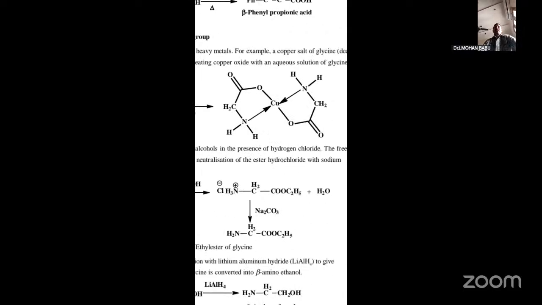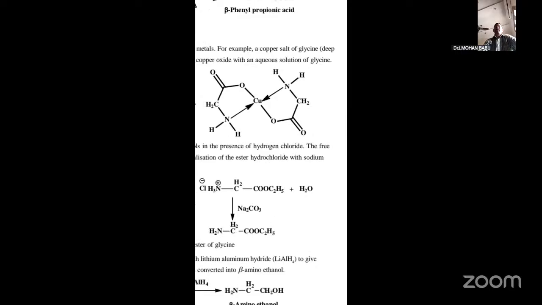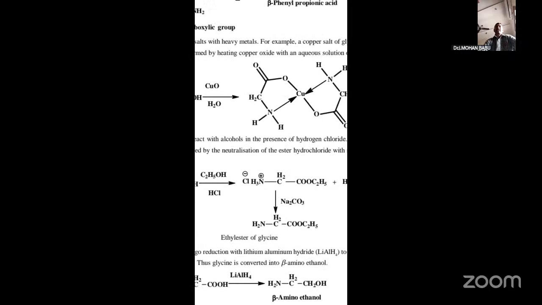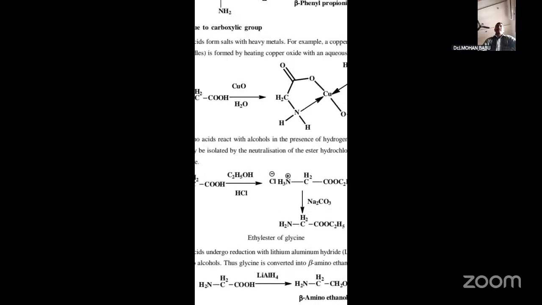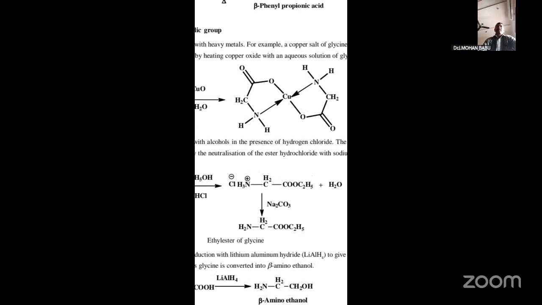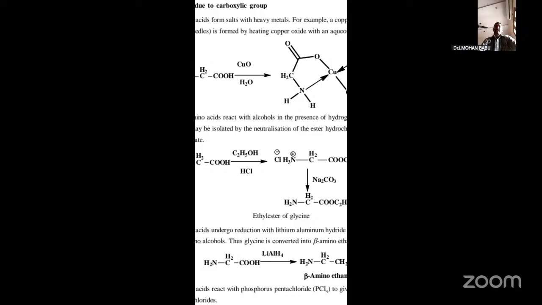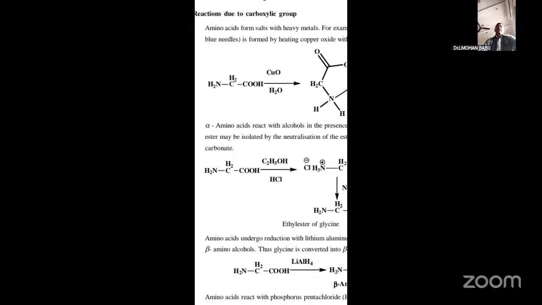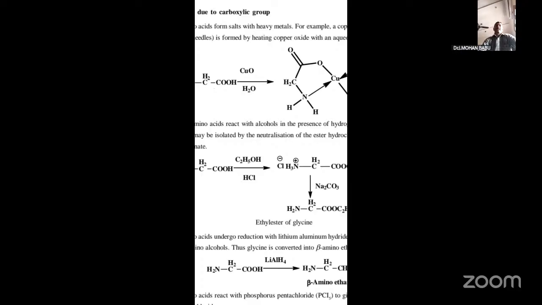Here we take the copper salt of glycine, which has very deep blue colored needles because it is a coordination complex. So it has some coloration.